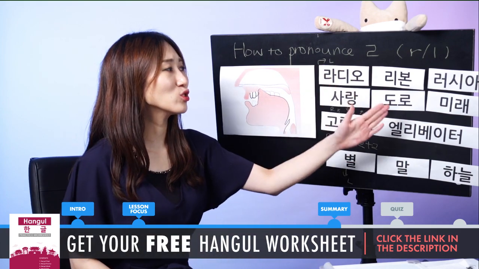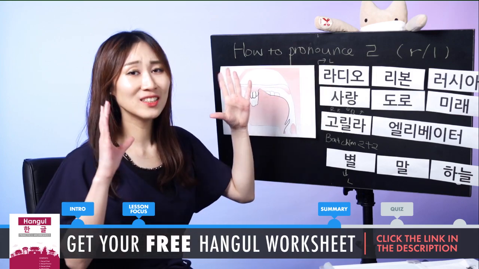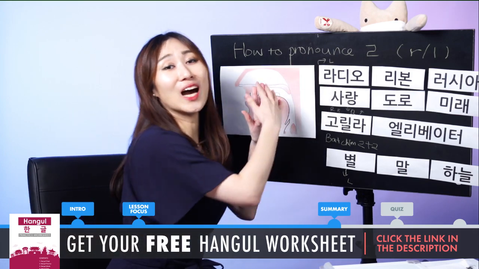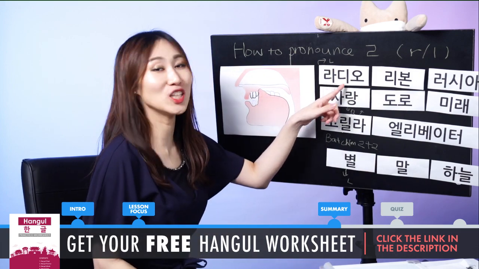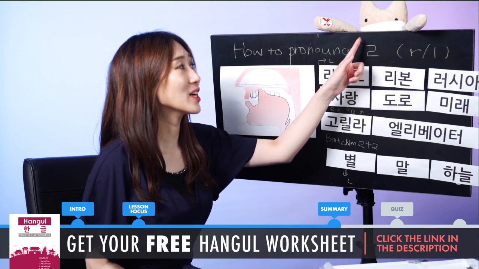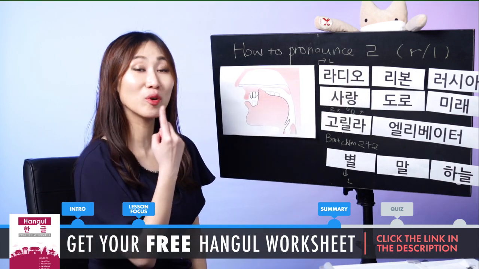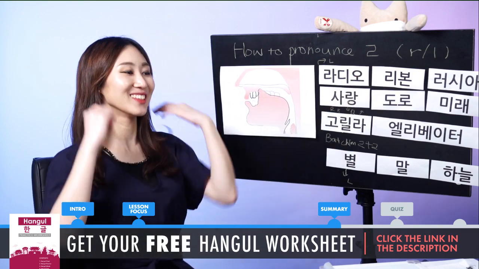And don't try to memorize these sounds only. Just try to memorize them with other words like radio, not just ㄹ sounds only. Just practice these ㄹ sounds with other words to practice your tongue muscle to pronounce ㄹ better.